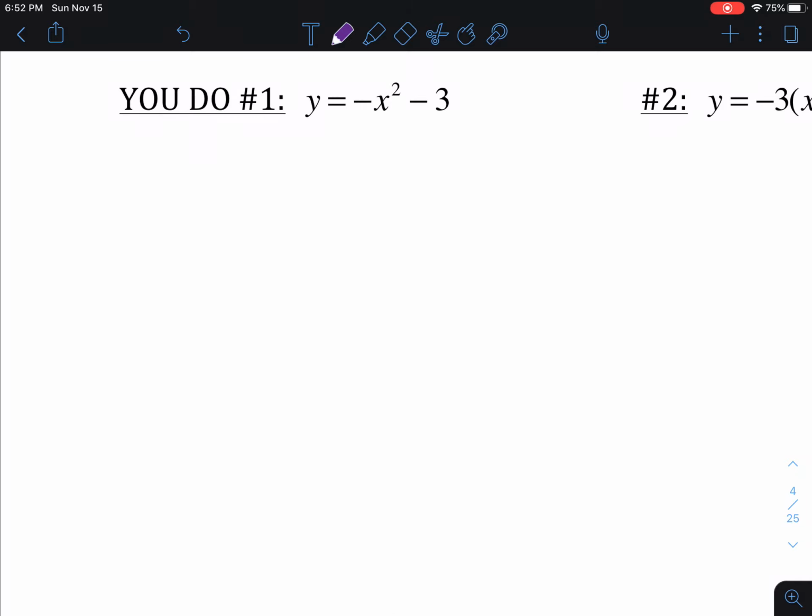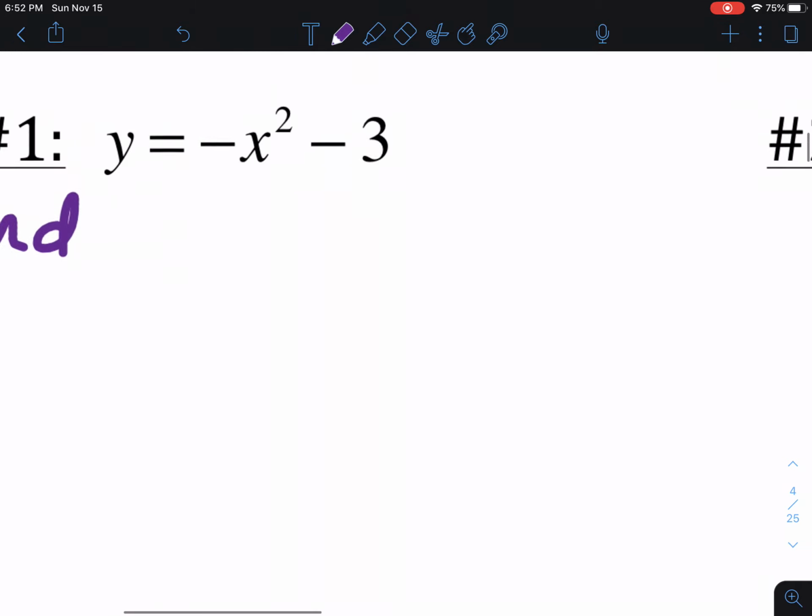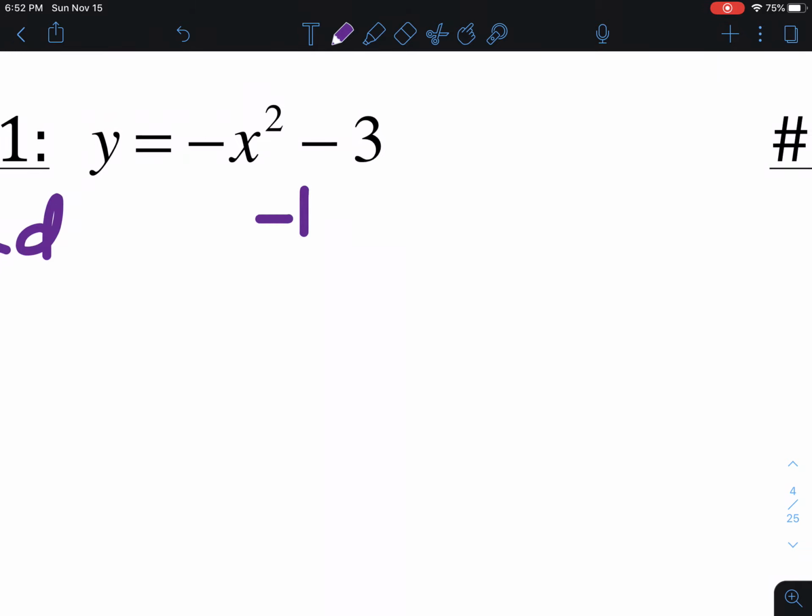The next one, as I said, when it's not parentheses, you're going to have standard form. For the axis of symmetry, let's write this out. I would say this would be -1x squared. The -3 does not have a variable.